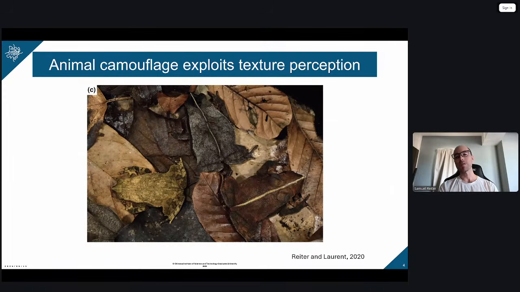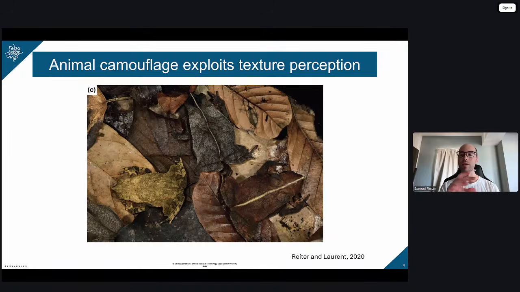Instead, the camouflage pattern resembles the statistical properties of leaf litter. And the predator of these animals must be using visual texture perception to analyze the scene. If instead they were using a pixel by pixel detection mechanism, then they would immediately identify these toads. The toads would get eaten, and the camouflage would never evolve.